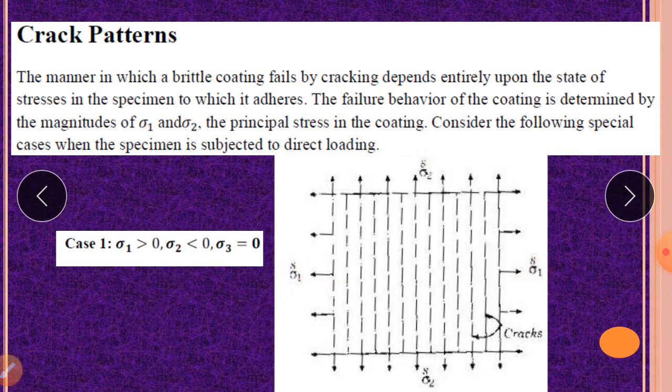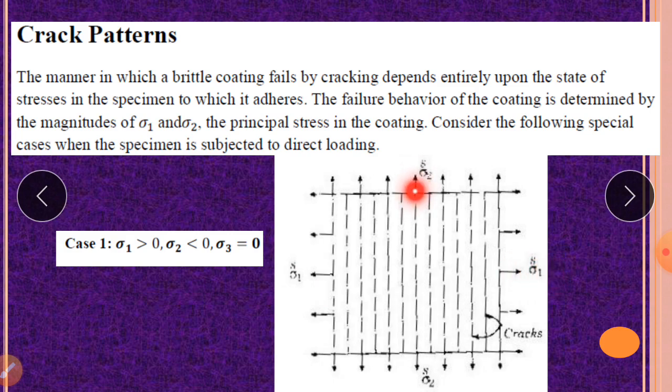So the cracks are generated perpendicular to the application of sigma 1. These lines produced here are nothing but the cracks. They are generated because of sigma 1, since it has a positive value of stress.